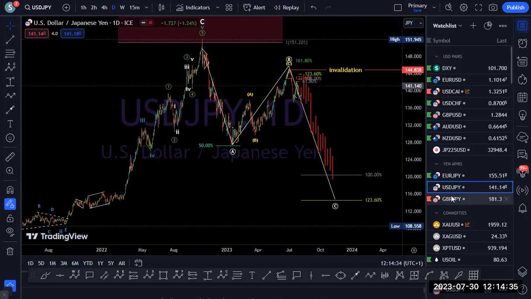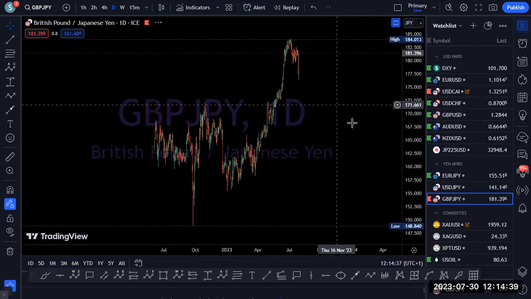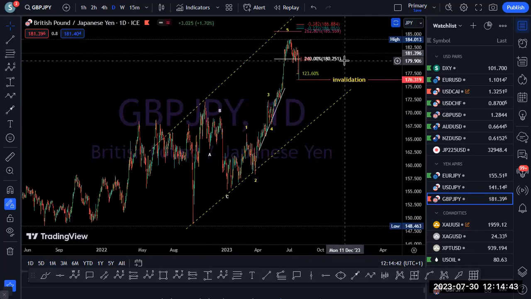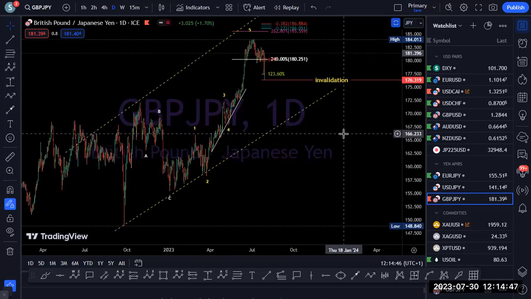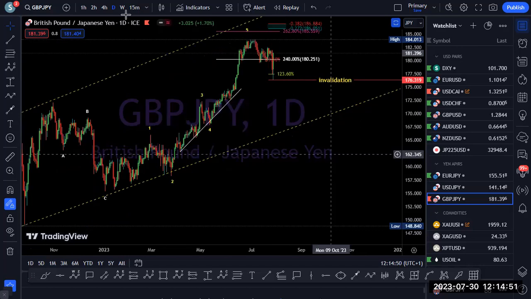Yes, so France JPY. We are looking, we likely make a new high, like other yen pairs, except USD. So let's go down to 4 hours.